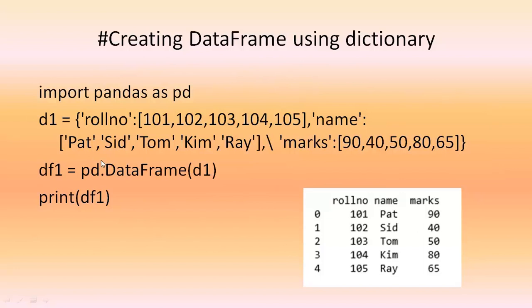When you run it, the data frame df1 will be printed just like that: roll number, name and marks. Here you can see the default index 0 1 2 3 4. This index starts from 0.